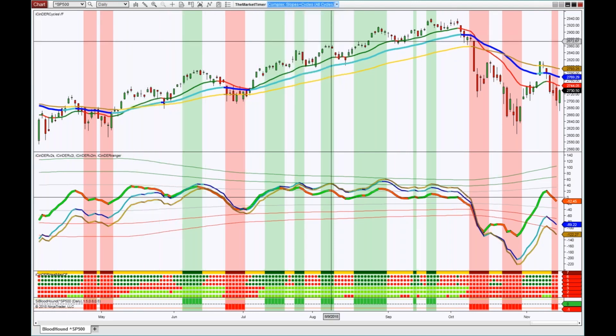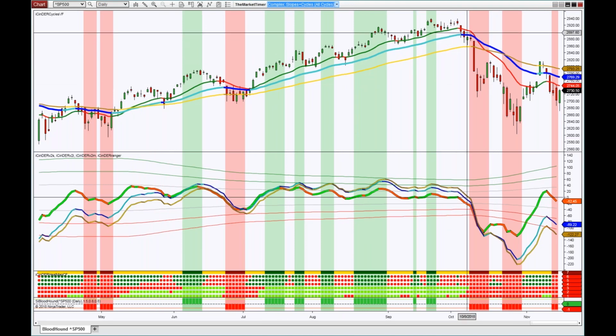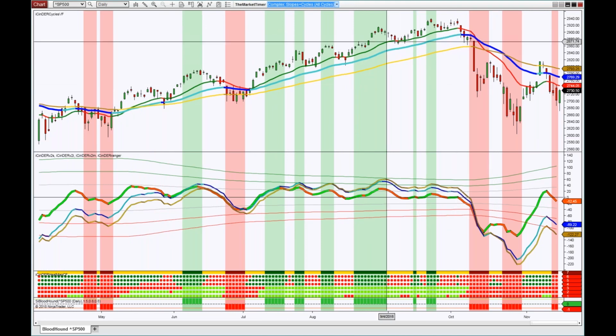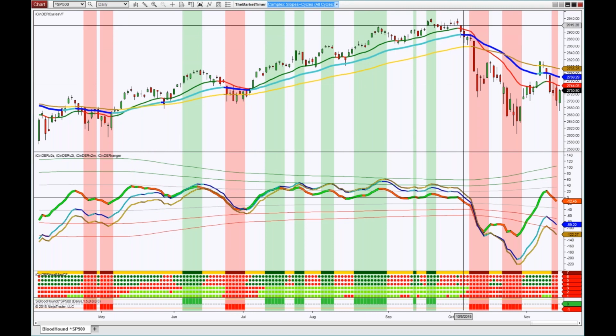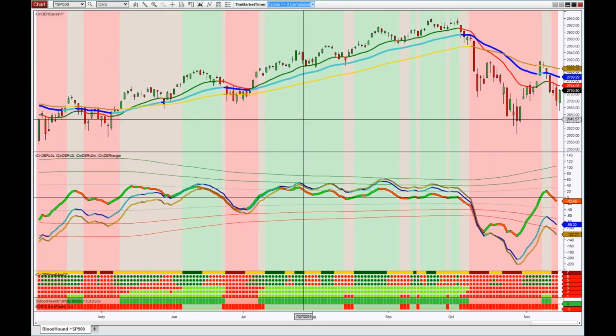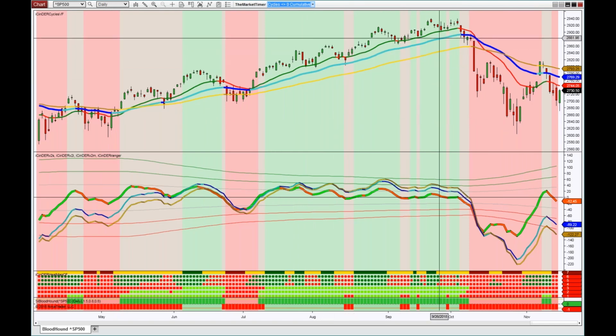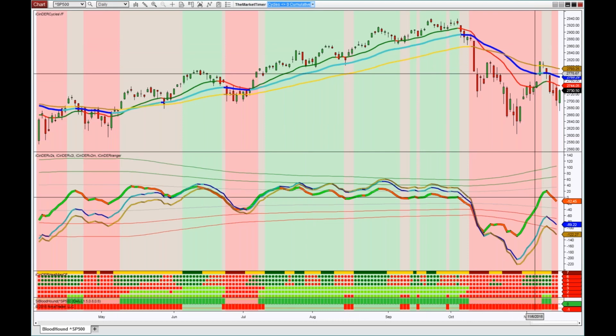All cycles. And you can see all cycles actually will stay green for a longer period of time before you finally see white. Anytime you see white, it's a time that you would probably look at your stops and analyze that. The one that is used for the signals is this one right here, which shows you solid green and areas of some weakness. When it actually turns totally red, you have a bearish bias.